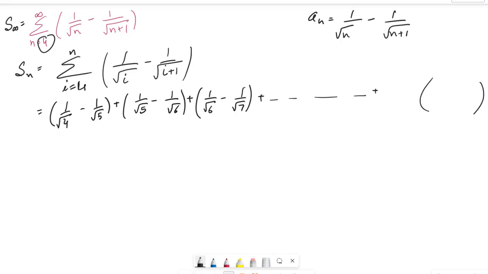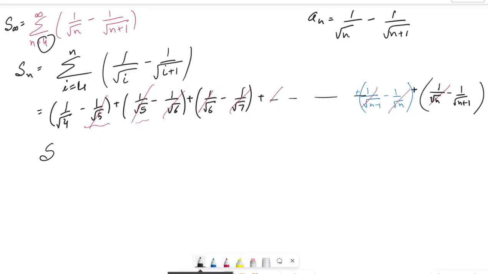The last term is 1/root n minus 1/root (n+1). Let's write one term before that just to observe the pattern: 1/root (n-1) minus 1/root n. We have 1/root 5 and 1/root 5 cancel because they're of opposite sign. Similarly, if I had written all the terms, this would also cancel, and this would cancel as well.